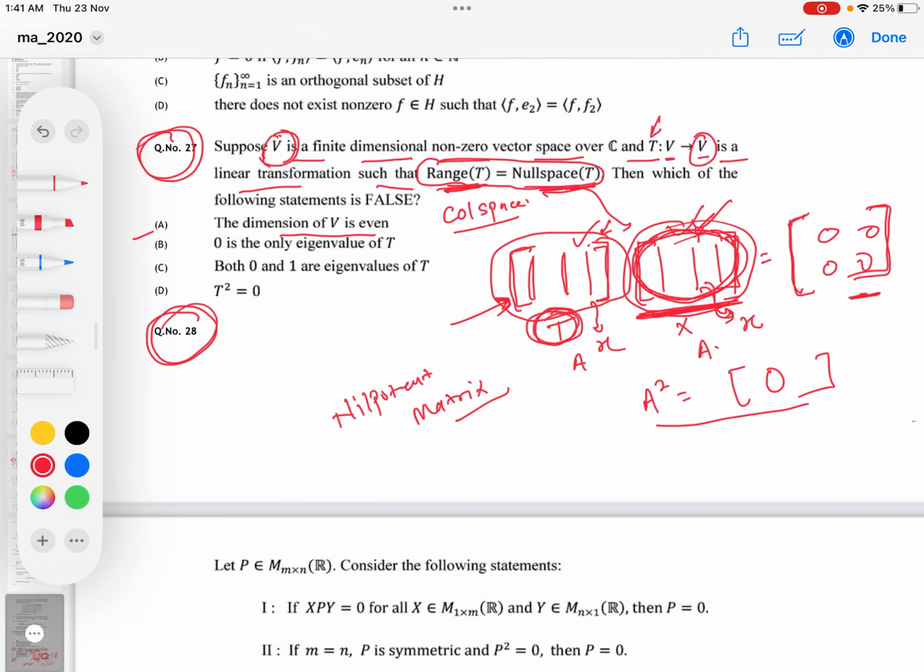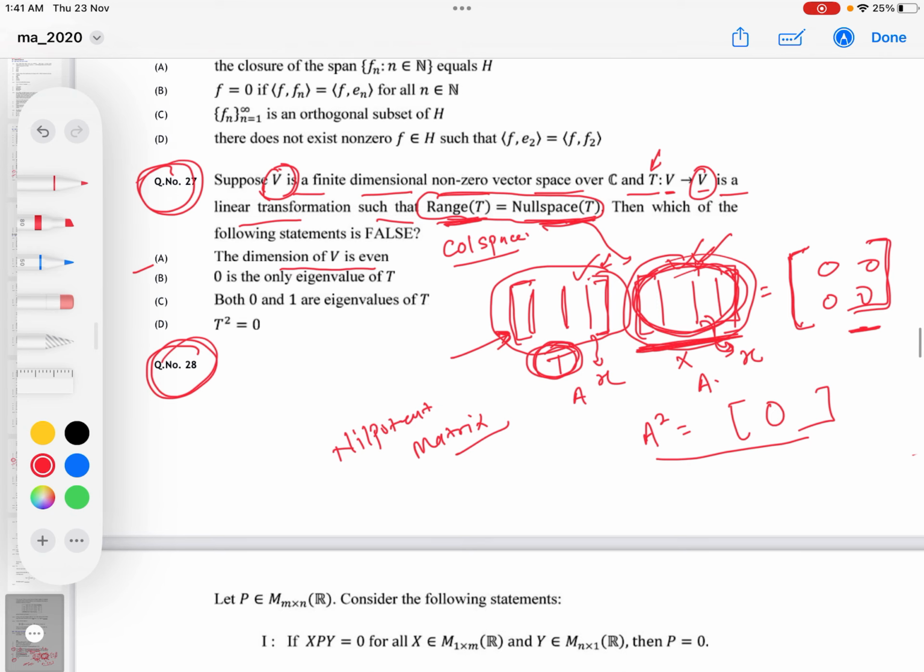And this is one thing. Another thing is that we will ultimately have to reach what the dimension of V is, and that dimension is even.